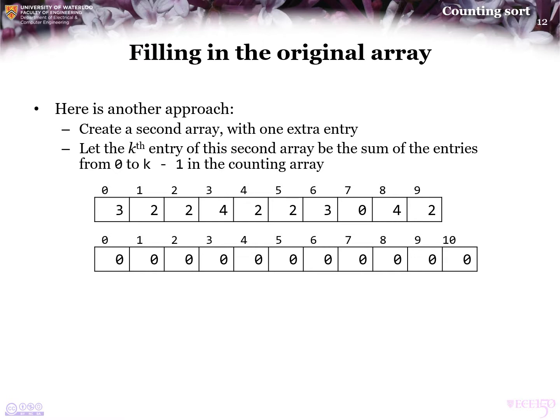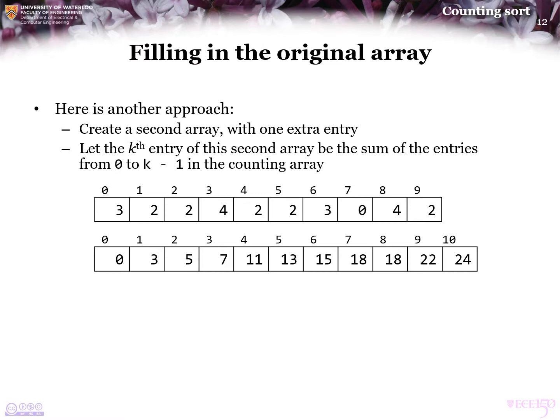So that would be 3 plus 2 plus 4 plus 2, which is equal to 13. Similarly, the value at index 7 would be the sum of the entries from index 0 to index 6 in the original counting array, which would be, well, 13 plus 2 plus 3, which is equal to 18. We could do this for each entry, and thus we could populate this second array.